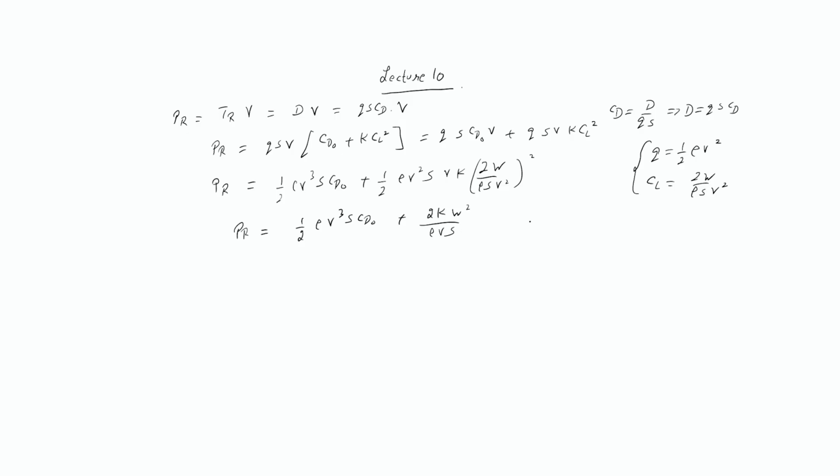Remember, CD was equal to CD naught plus KCL square. This was induced drag, or drag due to lift, and this was zero lift drag.